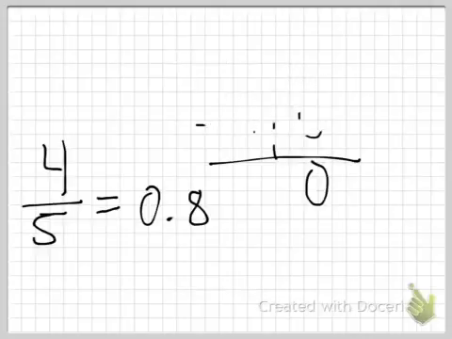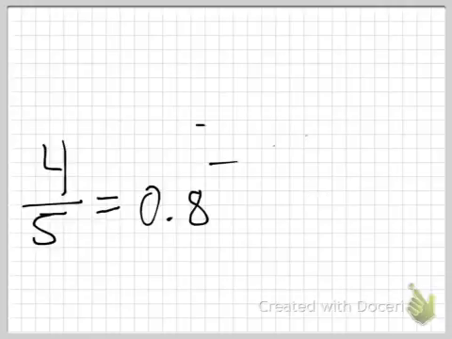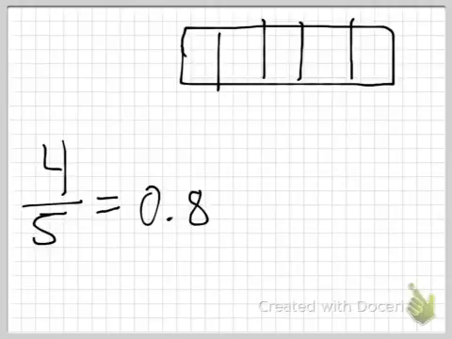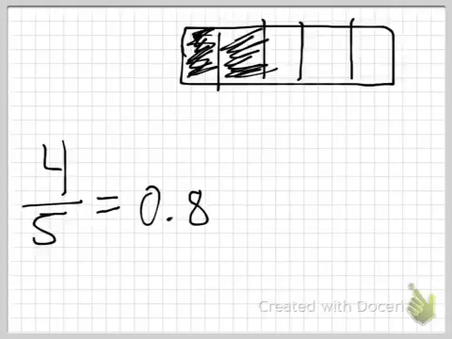If you would write it as a fraction, 4/5 would be represented by this right here. Here is 1, 2, 3, 4, 5. 1/5, 2/5, 3/5, 4/5.